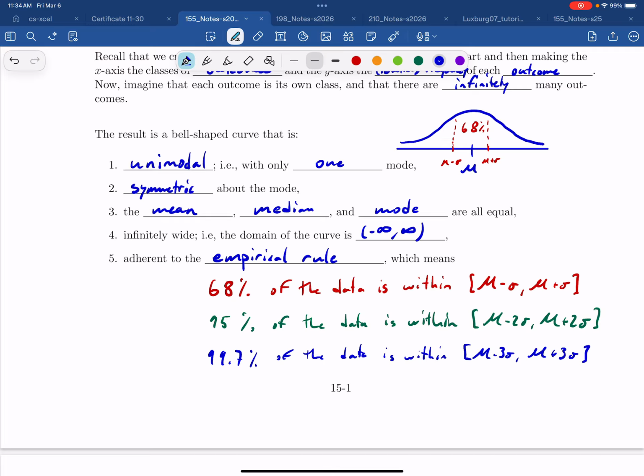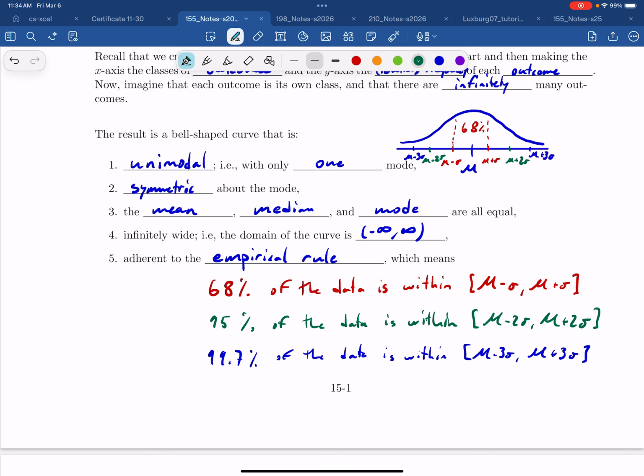So just to illustrate these, we've got something like this, which is mu. Maybe something like this, mu minus 2 sigma to mu plus 2 sigma. And then the blue would be here or something, mu minus 3 sigma to mu plus 3 sigma.